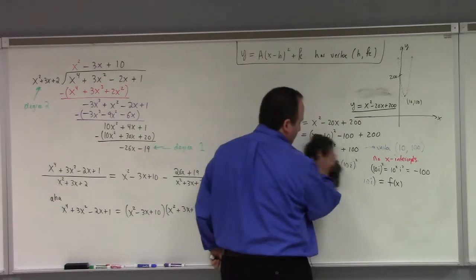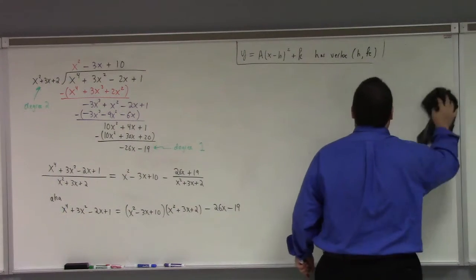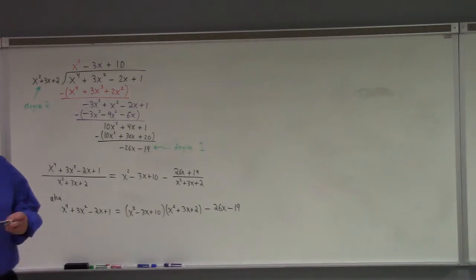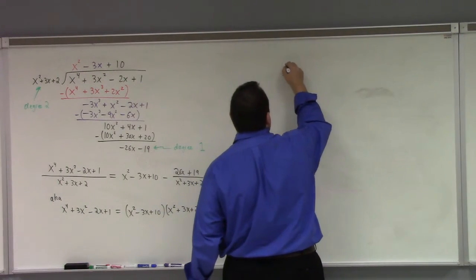Should we work another? I think we should work another, yeah? Let's work one that's a little bit quicker, but a little bit weirder. I'm not sure it's weirder, but here it is.